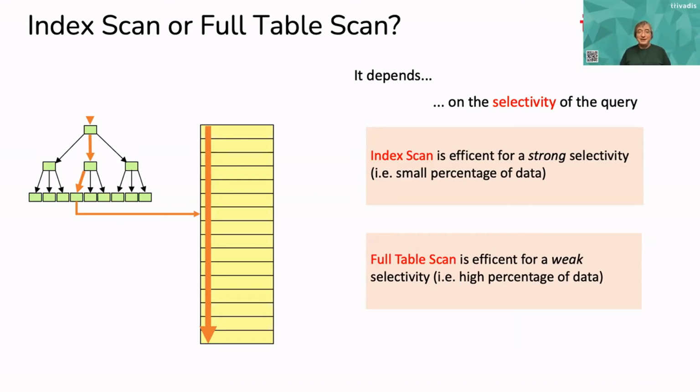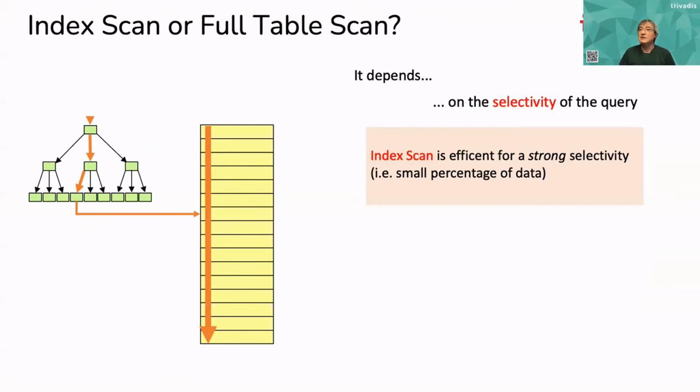I don't tell you an exact number because it depends on the database setup, on the data type of the join columns, on the size of the table, so how many columns, how many attributes it has, and so on. So there is no fixed rule, but the number is quite low. So it's, let's say, less than 10% of the data.